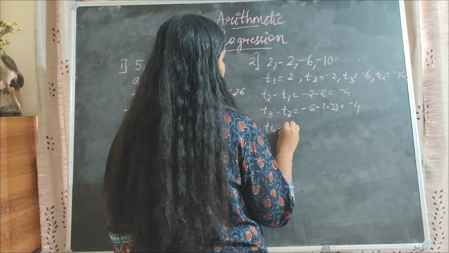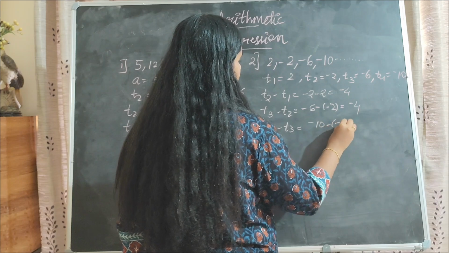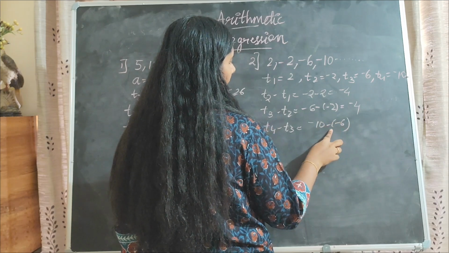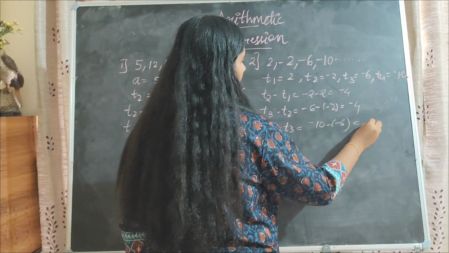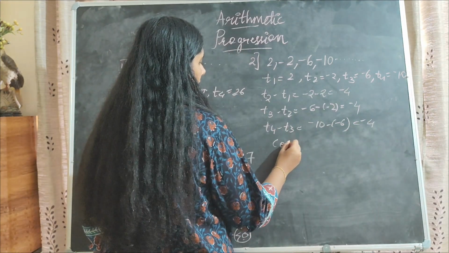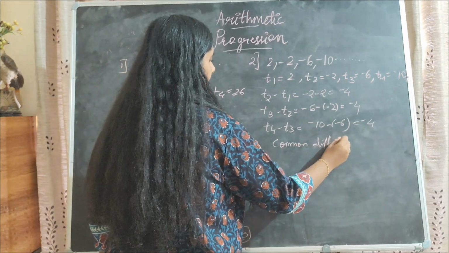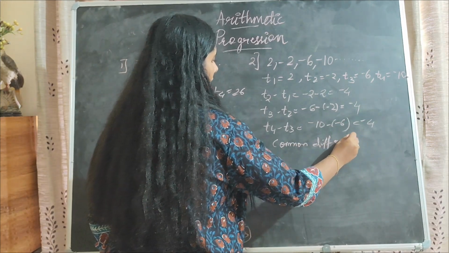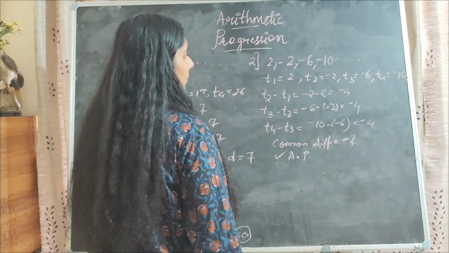T4 minus T3 is minus 10 minus of minus 6; minus into minus is plus, so minus 10 plus 6 is 4, and with the sign of the greater number, minus 4. So the common difference is minus 4. So this sequence is an AP.